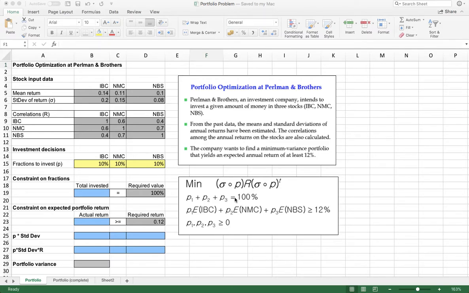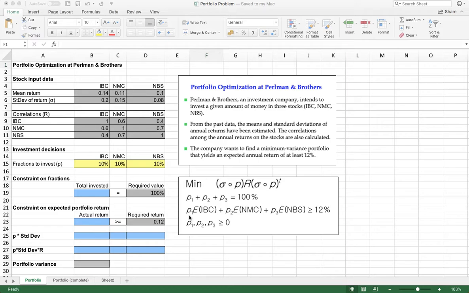There are some constraints in this model too. The first, P1 plus P2 plus P3 is equal to 100%, which means the sum of proportions should be equal to 100% or 1.